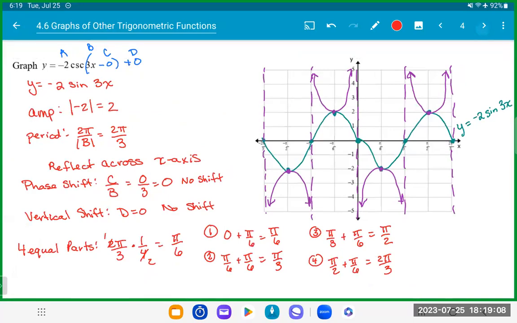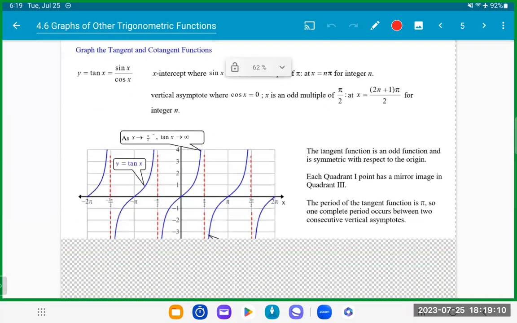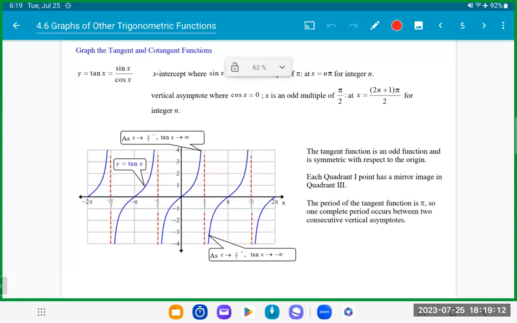But I do have a few more examples to do with our tangent and cotangent, which are slightly different than this. And the one thing I will say is you guys are going to get a lot of practice doing these other trigonometric functions in your homework, but on your exam, you will get a sine or cosine graphing, most likely, not one of these other ones.